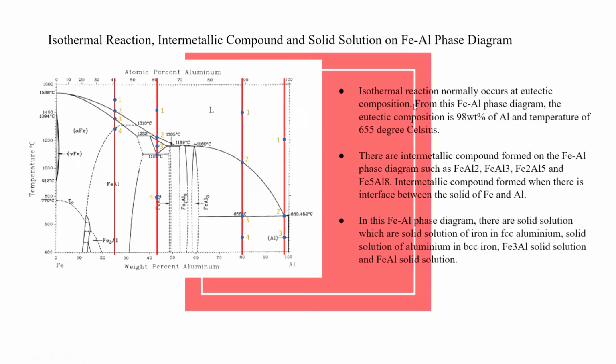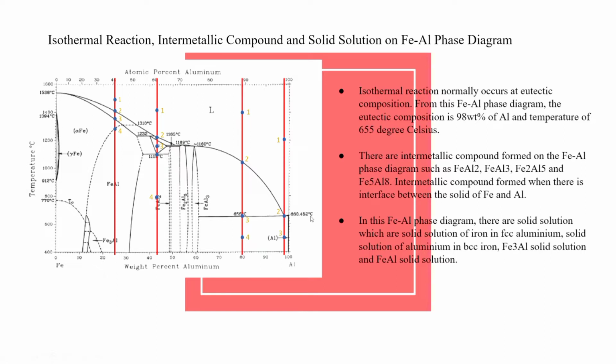From this phase diagram, the eutectic composition is 98% weight percentage of aluminium, at the temperature of 655 degrees Celsius. So this is where the isothermal reaction occurs, at point 2.